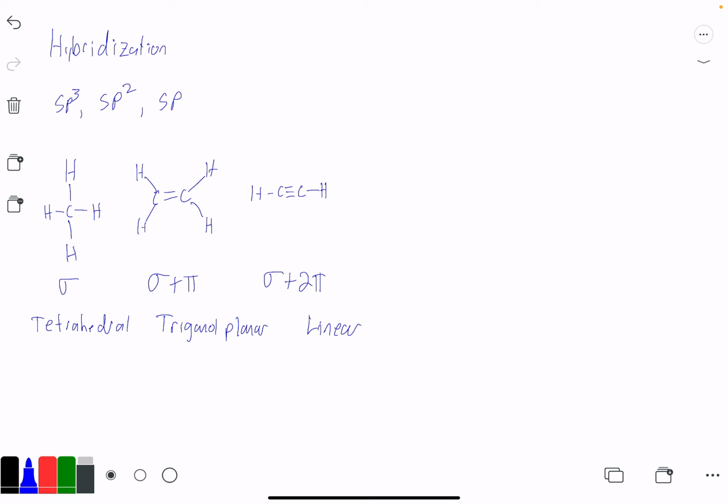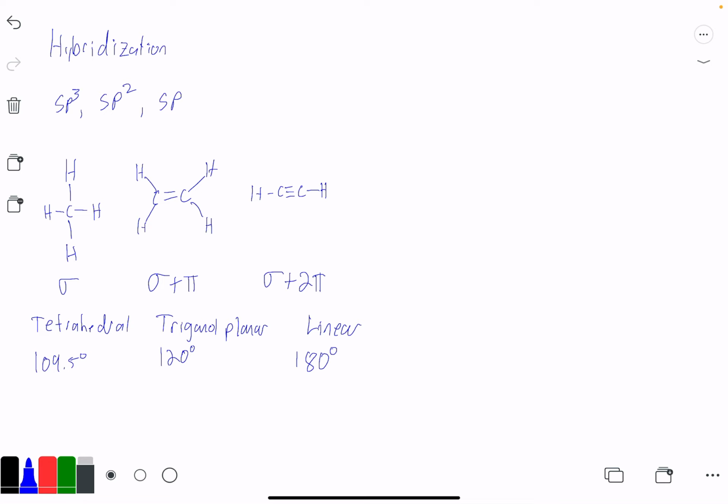If we look at methane, the bond angle between hydrogen and carbon is 109.5 degrees. And if we look at the bond angle between carbon and hydrogen on ethene, we would see that it's 120 degrees. And then for acetylene, since it's linear, the bond angle is 180 degrees.